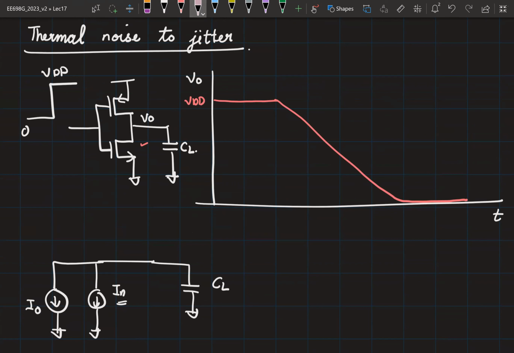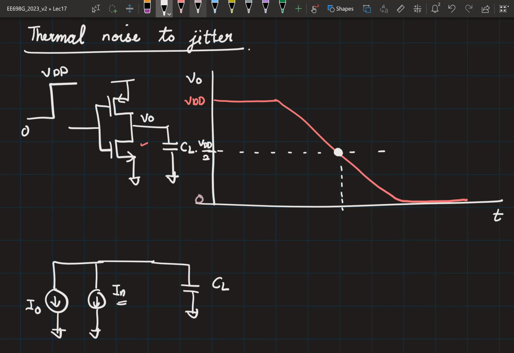So I'm interested in the transition from VDD to 0. At the point VDD by 2, this is the ideal position that we expect, right? Now in the presence of this IN, you will see that this point is now going to shift in time. Right?